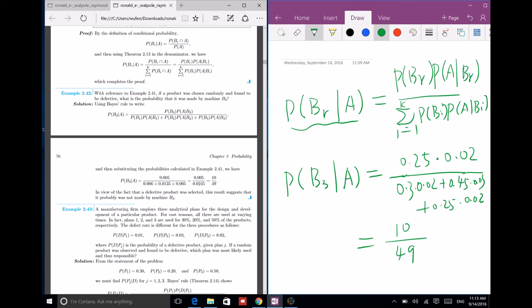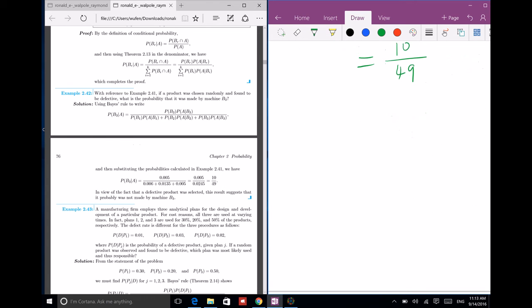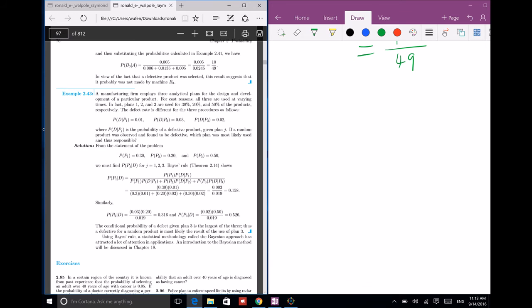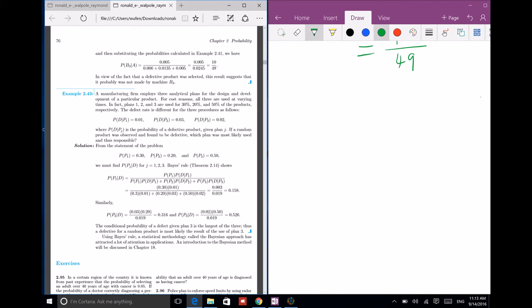Okay, that's that. Let's look at the next example. A manufacturing firm employs 3 analytical plans for the design and development of a particular product. For cost reasons, all 3 are used at varying times. Plan 1 is used 30% of the time, plan 2 is used 20%, and plan 3 is used 50%.